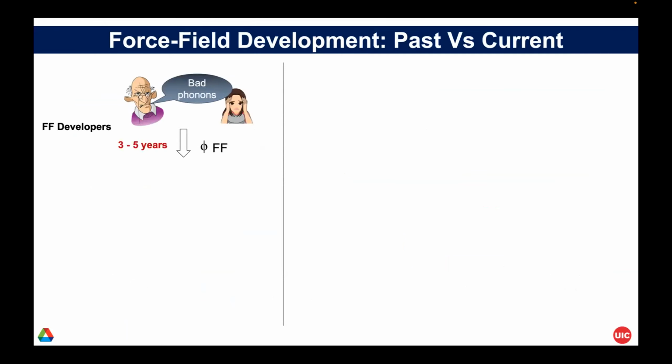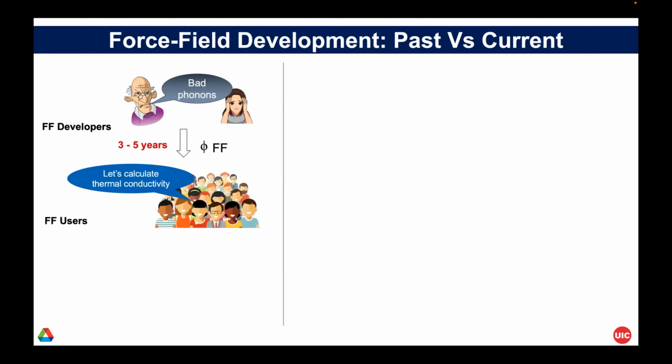Typically, if you look at force field development from the past, talking about the life cycle in general, it would have taken a few years to come up with a force field. And if it was targeted for certain properties, say mechanical properties or having basic energetic ordering correct, that would be good.